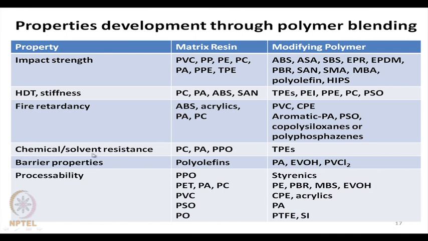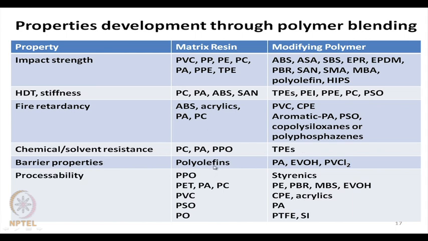Chemical and solvent resistance. This chemical resistance or solvent resistance in a polymer can be improved by blending, say polycarbonate, polyamide, polyphenylene ethers. Their solvent resistance can be changed by mixing with thermoplastic elastomers. Okay.